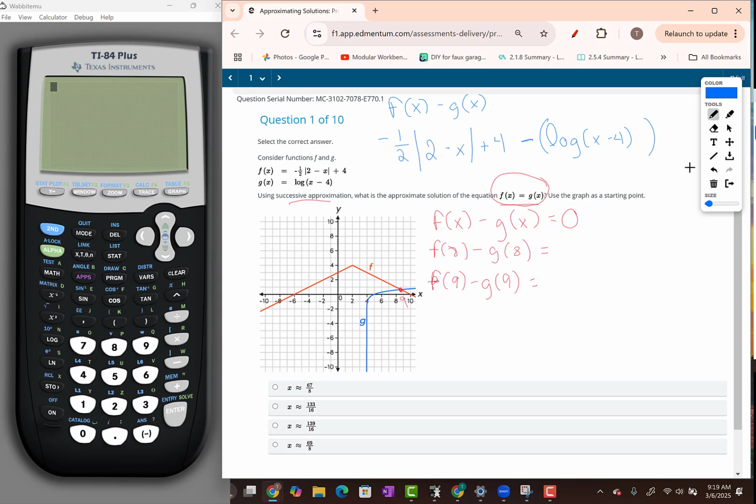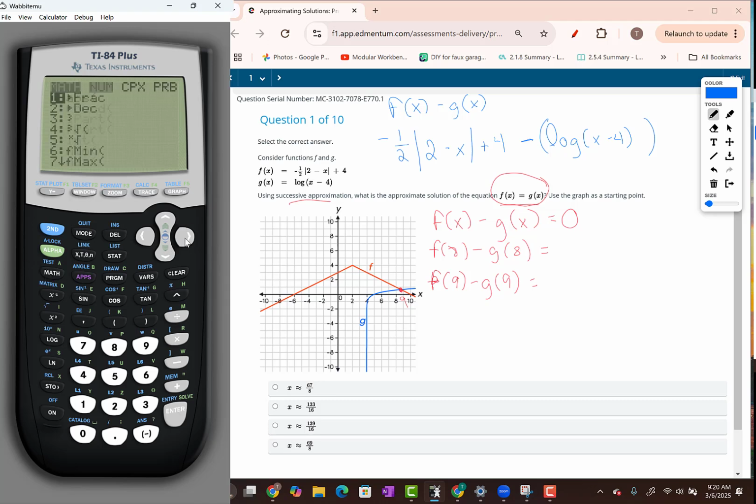So when we type this in, instead of -1/2, I'm going to use the decimal -0.5 because it's just easier to type in. And then I'm going to type in the absolute value symbol. So we're going to press the math key, scroll to the right to NUM. If I'm going too fast, remember you can slow this video down. Absolute value. Instead of 2 minus x, I'm going to do 2 minus 8 first because that's my lower bound.